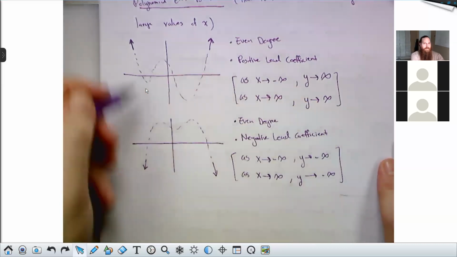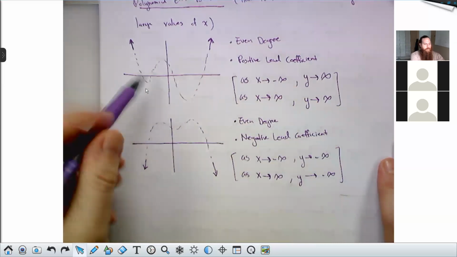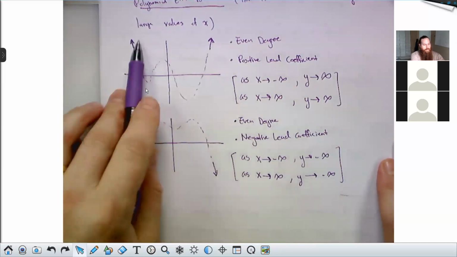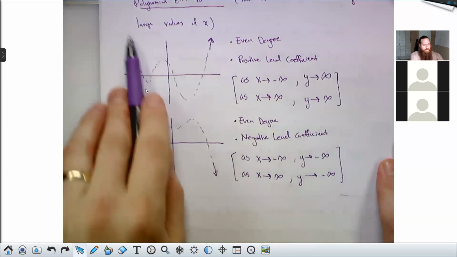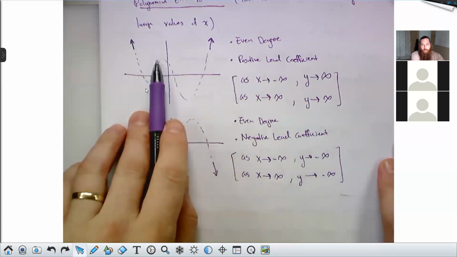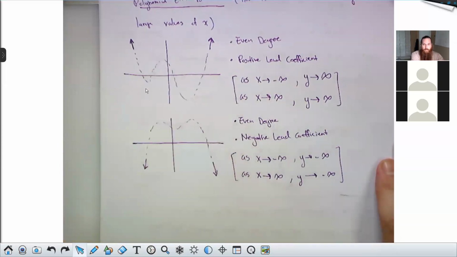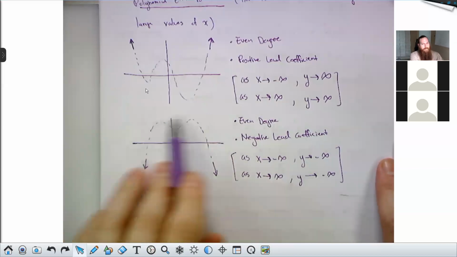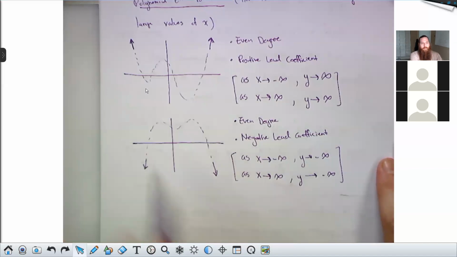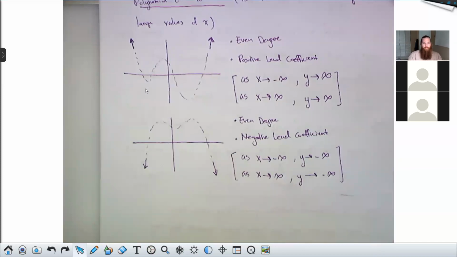So your basic examples that you can think of here, this is like y equals x squared. I don't know what happens in the middle, but I know it goes up on both sides because the degree is even, 2, and the coefficient is positive, 1. Your basic example here is like y equals negative x squared. I don't care what happens in the middle, but I know on both sides, if you wander out far enough, it goes down. And any polynomial of even degree with a positive lead coefficient will have this same end behavior.